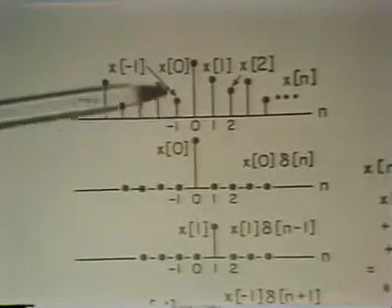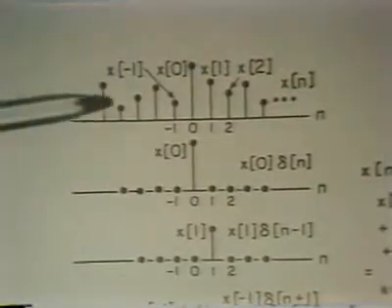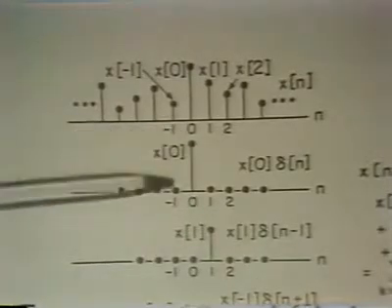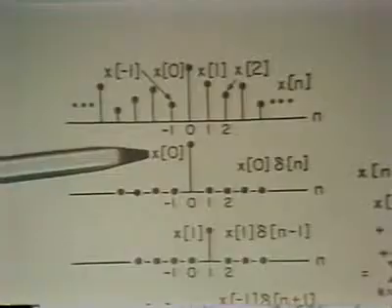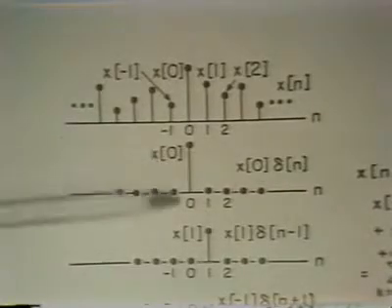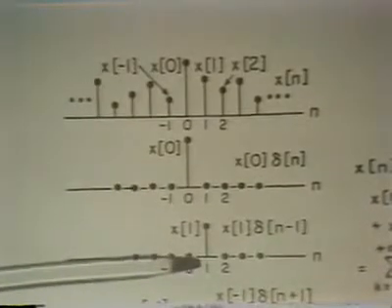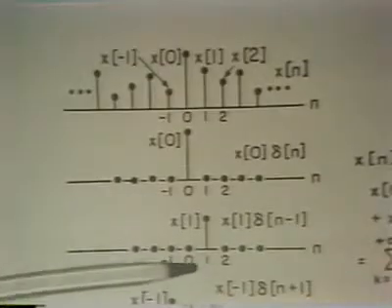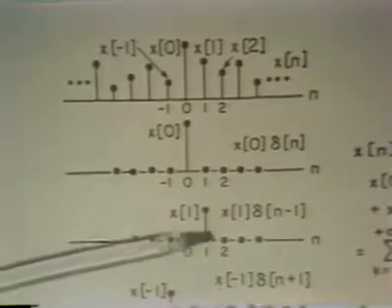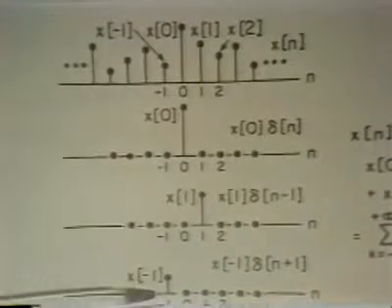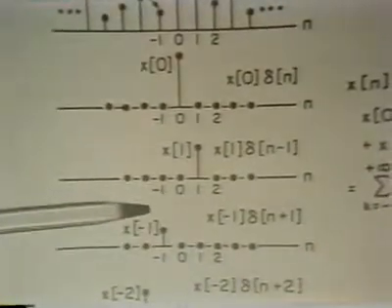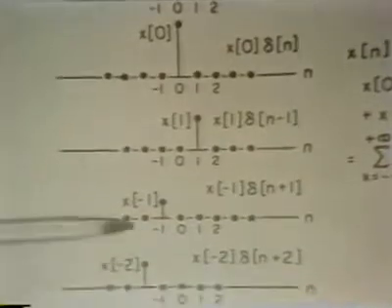So we can think of this general sequence as an impulse occurring at n equals 0 and with a height of x of 0, plus an impulse of height x of 1 occurring at time n equals 1, and so that's x of 1 times delta of n minus 1, an impulse at minus 1 with an amplitude of x of minus 1, etc.